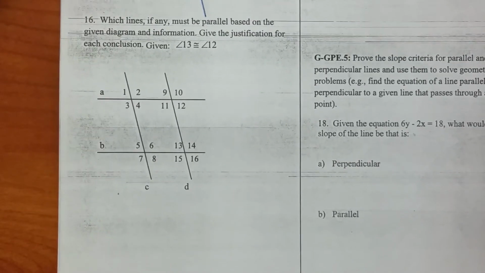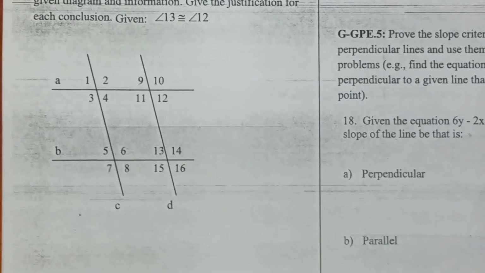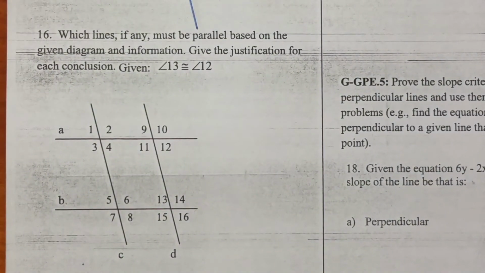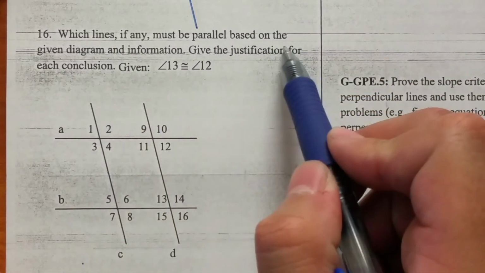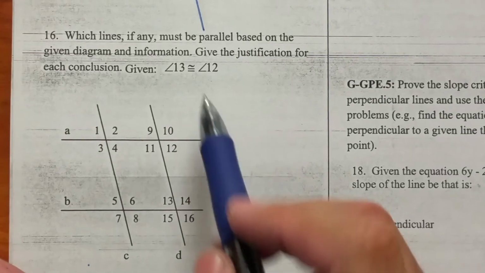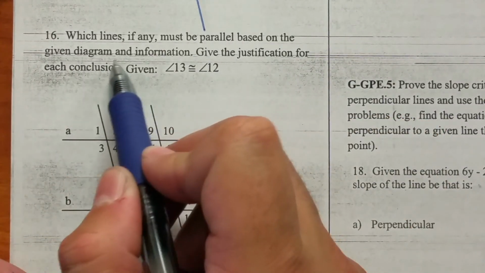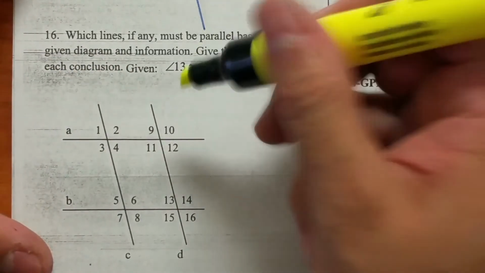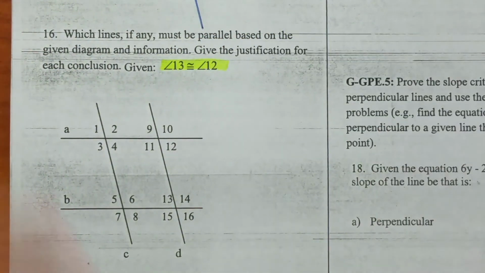Let me zoom in a little bit. Which lines, if any, must be parallel based on the diagram given here? So let's take a look. We have lines going in 2 different directions based on the given diagram and information. The information says 13 is congruent to 12.